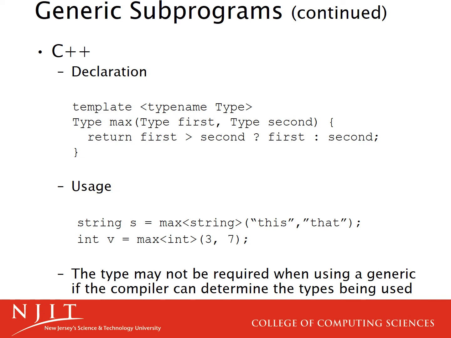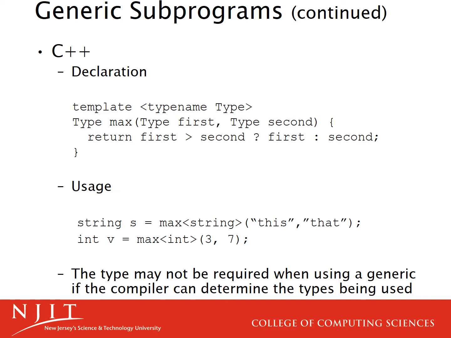So that's going to cause the max function to be created with type equal to string. In the second one, we're going to have the max function be created where the type is equal to int. So the first function checks to see which string, this or that, is maximum. And in the second case, check to see which int, 3 or 7, is maximum. So you specify the type there.